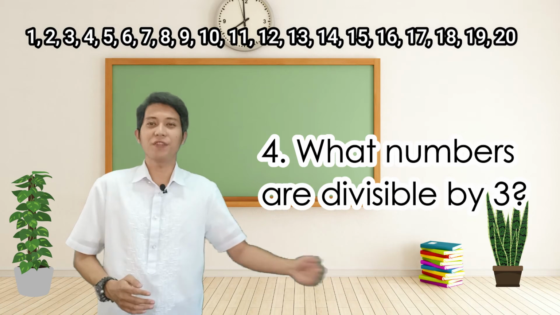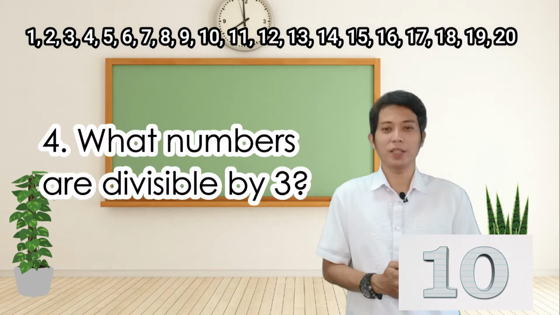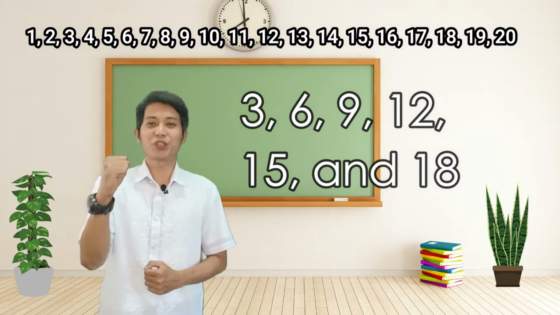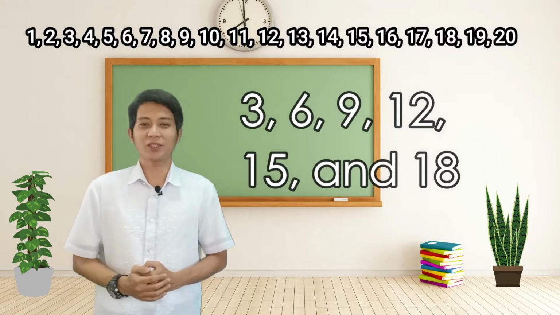What numbers are divisible by 3? If your answers are 3, 6, 9, 12, 15, and 18, good job! You're right. Next question.